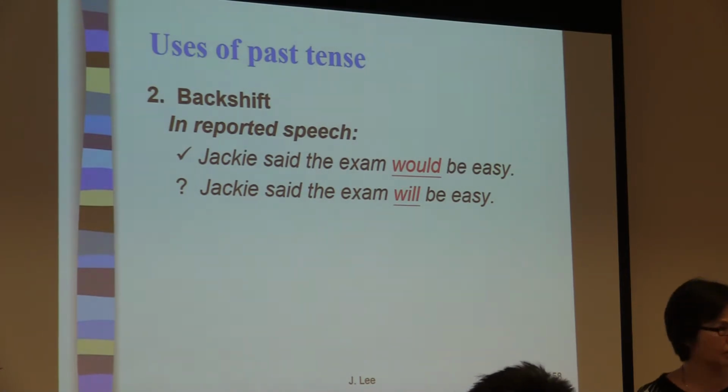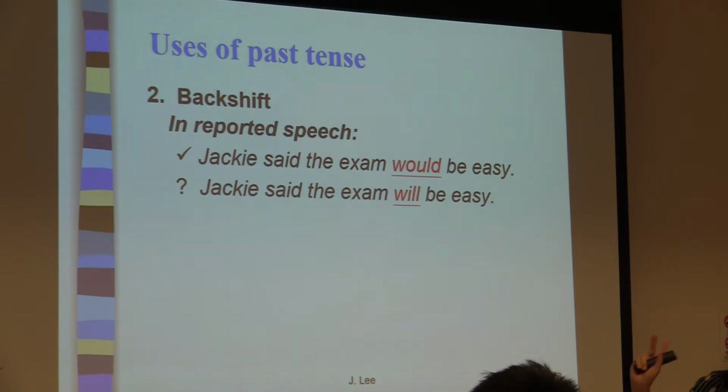But for something that is still valid now, tonight, not yet happened, you can just leave it without any back shifting. Understand? So how about the exam? The exam will be held in November for this course. Jackie said the exam will be easy. Is that okay? Yes. Does it make sense? Yes. But then how about in December?